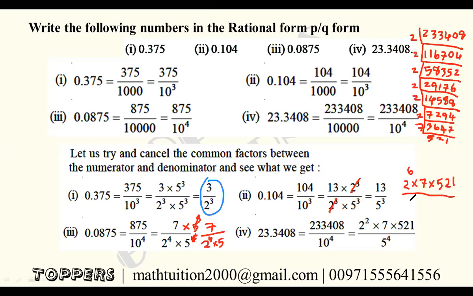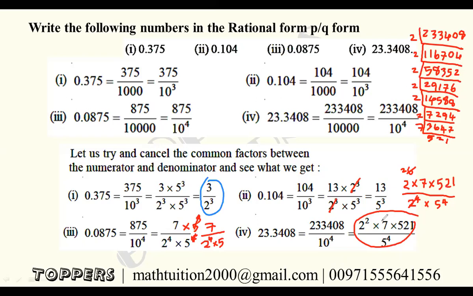What can we do? 2 raised to 4 into 5 raised to 4. 2 raised to 4 we cut, so 2 raised to 2 will remain. That we have given here: 2 raised to 2 into 7 into 521 divided by 5 raised to 4.